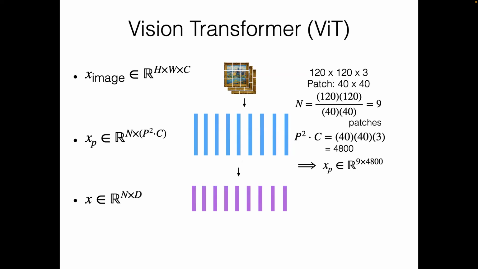Okay, and so now what we're going to do is project or transform them into a different dimension, and that'll be the dimension that we use inside the transformer. Usually you have this dimension that's consistently used as the hidden dimension for the vectors and things like that in the transformer.